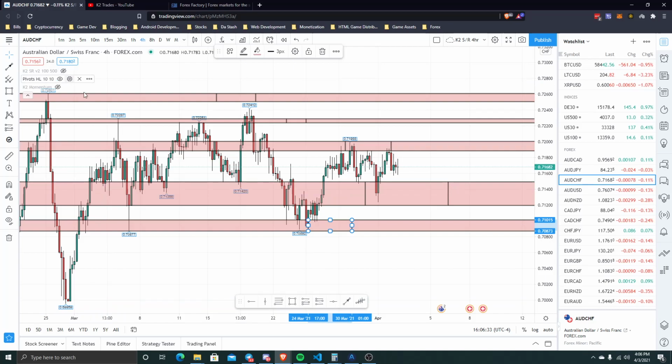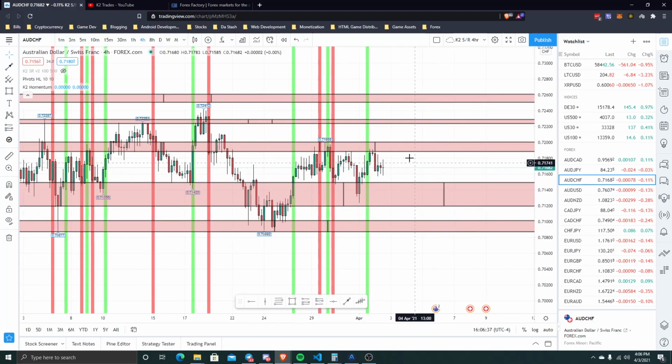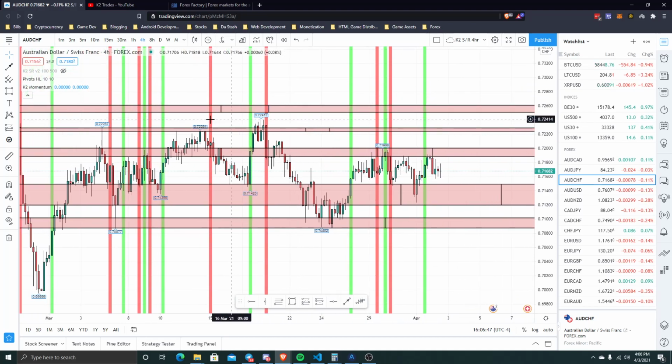Alright, so I'm going to go ahead and turn off that, turn on my momentum. As you can see, the last momentum signal that we had was bullish. From this pair here, I can tell that based off the pivot highs and lows, this pair has been going sideways for quite a while now. And I'll draw it here for you.